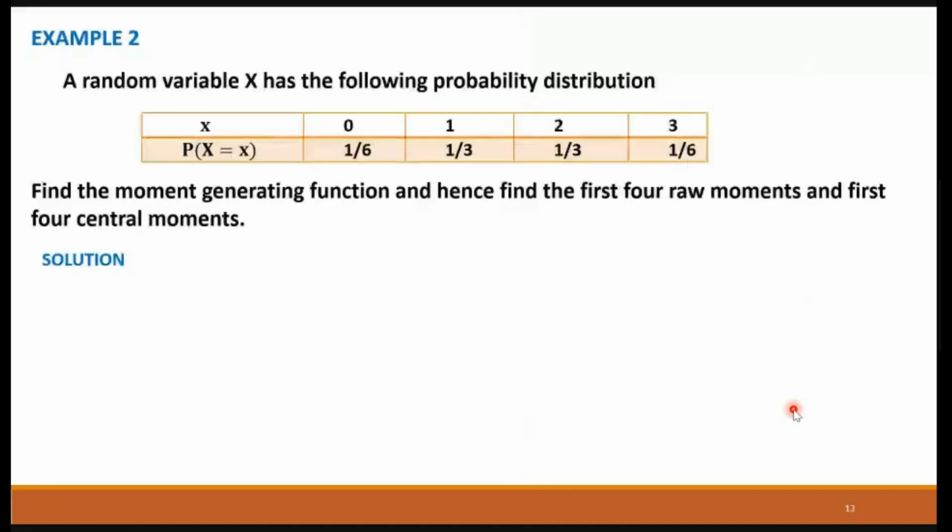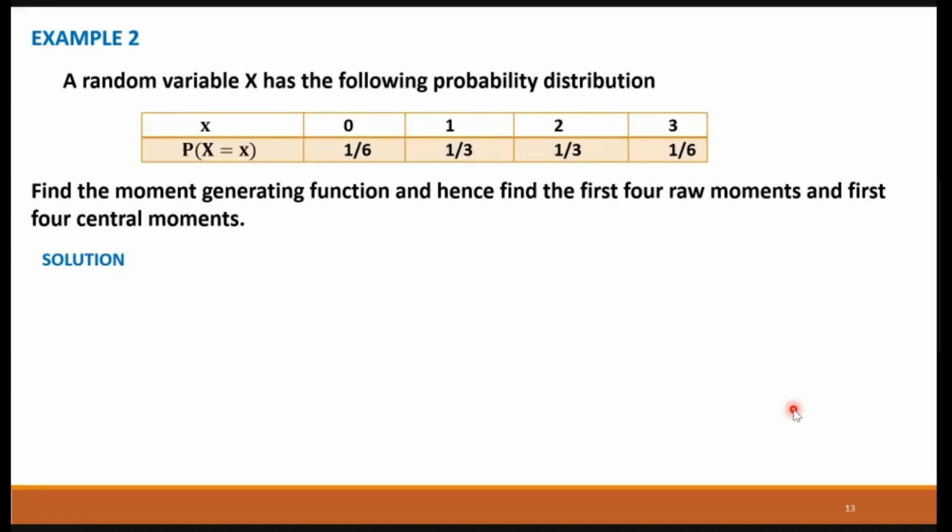Take one more, the same type. A random variable x has the following probability distribution.